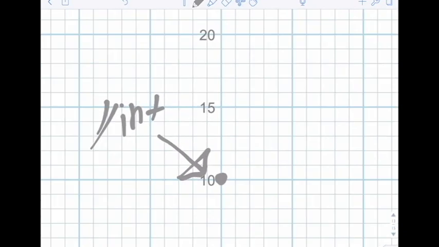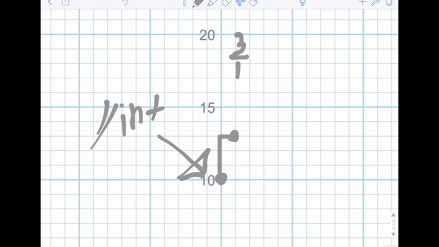And then from there, you'd want to do rise over run. So the slope is 3 over 1. So you'd want to go up 3. Hold on. Up 3. And then you'd want to go over 1 and make a point.